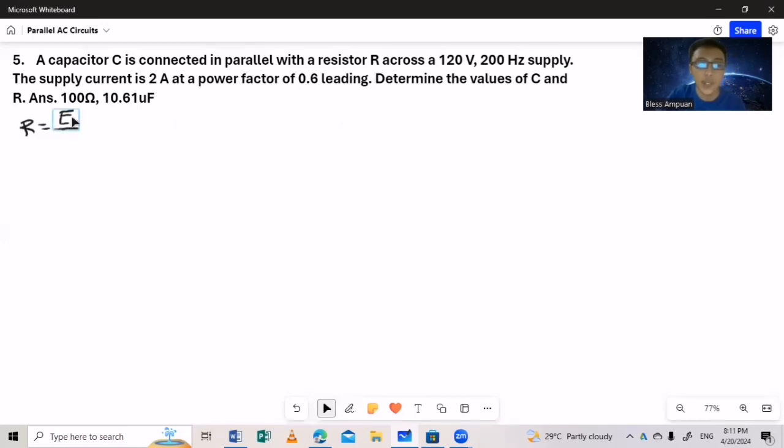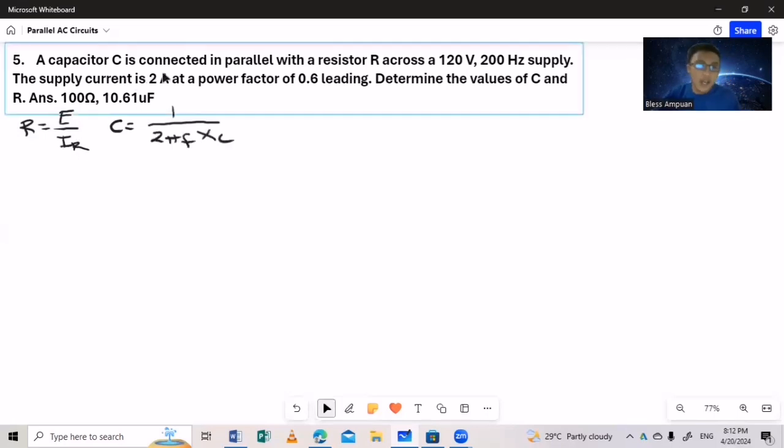It is equal to the voltage across the resistor over I sub R. So that is the value. Also for our capacitor, the capacitor is related with the capacitive reactance, which is equal to 1 over 2 pi F times X sub C.